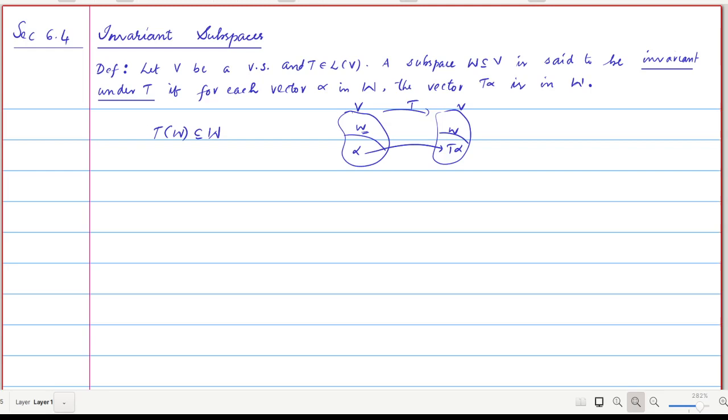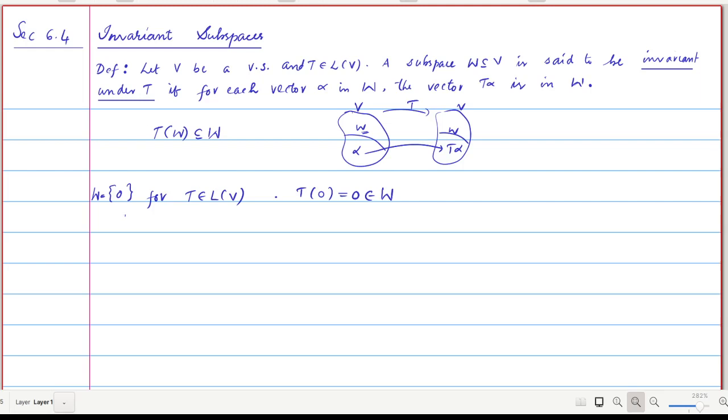This simple example is the singleton set 0, that is, the trivial subspace. If you take W equal to the singleton set 0, and take any T belongs to L of V, we have T of 0 is always 0, which belongs to W. As W contains only one element, it trivially satisfies the condition for an invariant subspace.